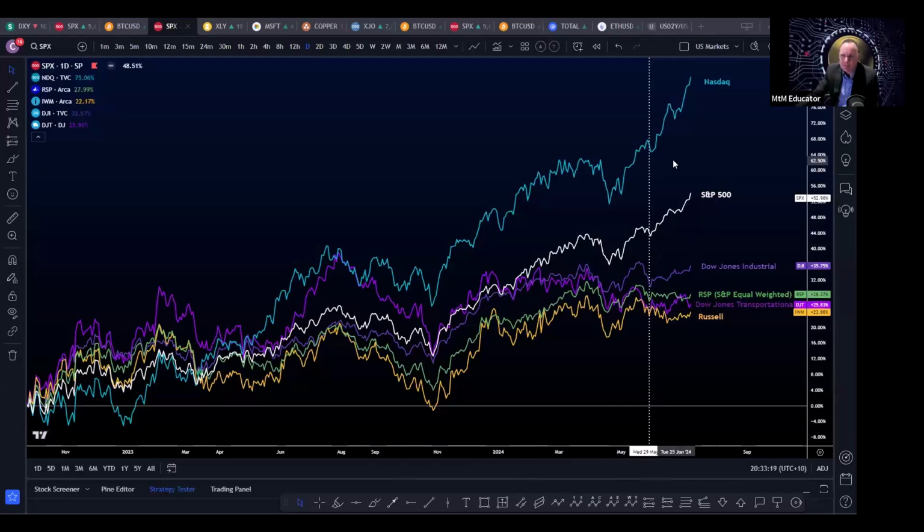So the S&P 500 and the NASDAQ have continued to climb to new highs, whereas the equal weighted, the Dow Jones Transportation Index and the Russell 2000 stocks, the IWM, have actually all put in lower lows and lower highs.